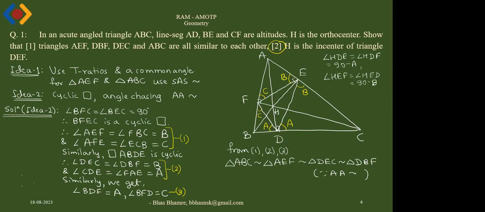And hence HD, HE, HF, or we can say AD bisects angle FDE, BE bisects angle DEF, similarly CF bisects angle EFD, like that.